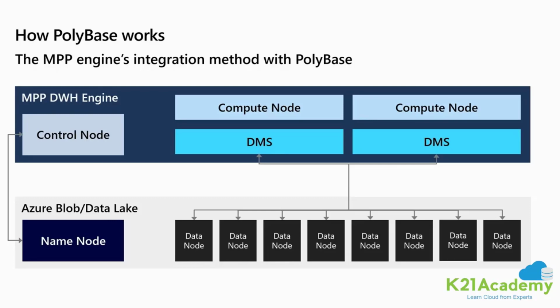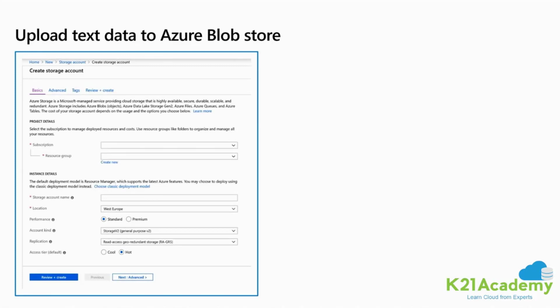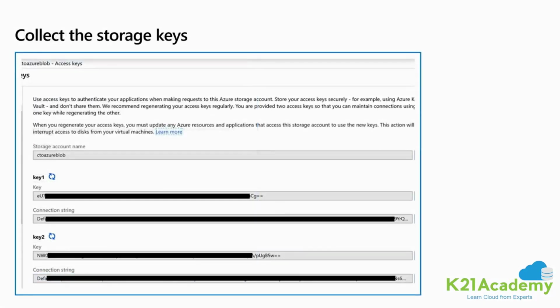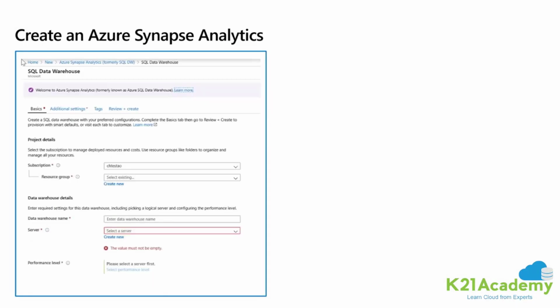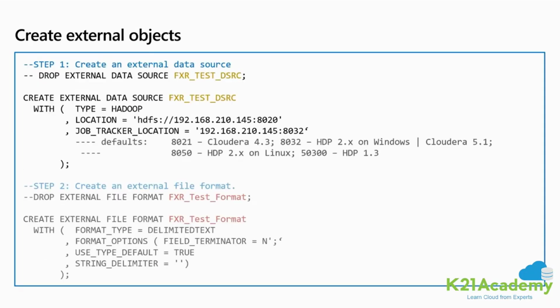So PolyBase is that utility which helps us connect to those external data sources and run the Transact-SQL queries against them as well. In the lab, guys, we'll upload the data into blob storage. Once we have done that, we will copy the keys from it. Then we will create one Azure Synapse Analytics. Inside Synapse Analytics, we'll create the external data objects.